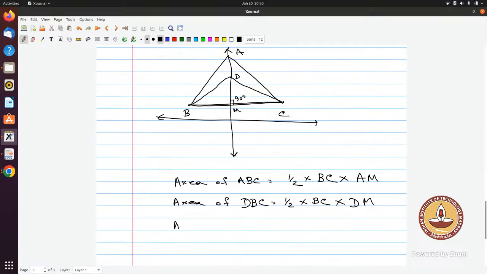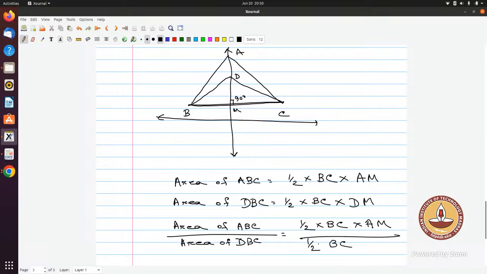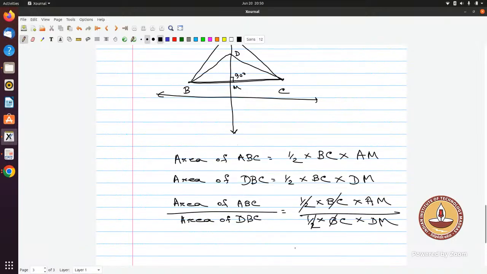I want to find the ratio. This is what I want to find. So if I divide, this 1 by 2 and BC will cancel out. So this is nothing but AM by DM.